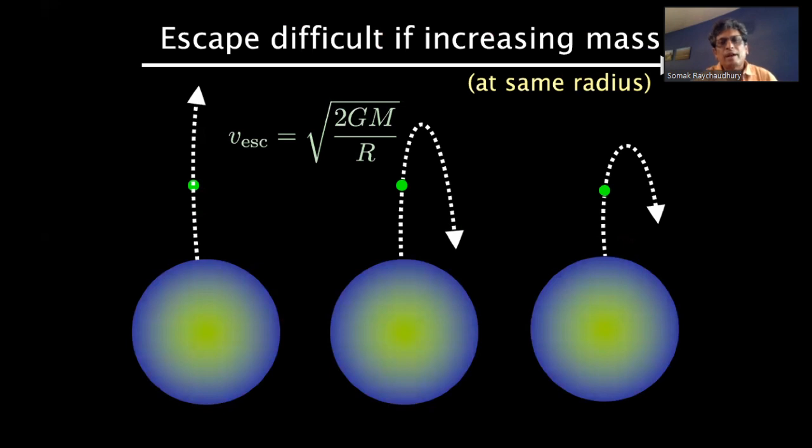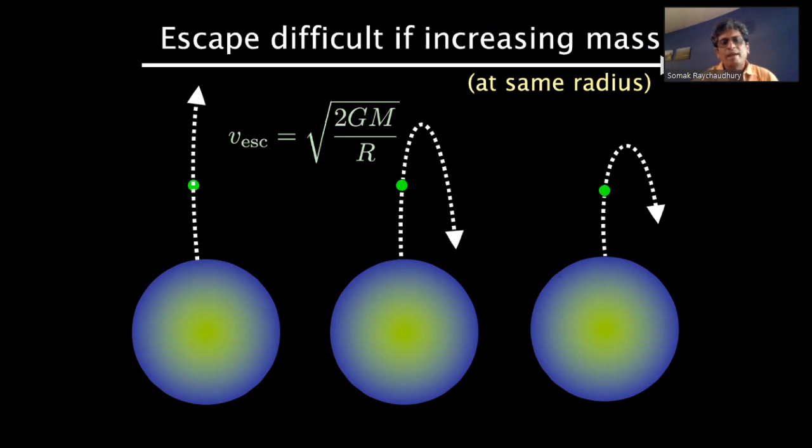We can just try and understand this from this very formula by understanding what happens if, for example, you change some of these parameters. So, for example, if you have an object that is of the same radius, say the radius of the Earth, but you have more and more massive objects, so more and more massive planets, the density of the rock being increased, then you would find that even for the same radius, as you can see in this formula, the escape velocity goes higher and higher and higher.